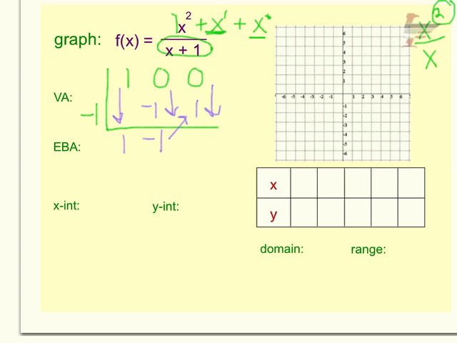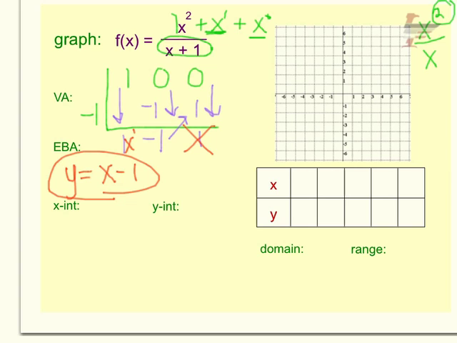And add down. 0 plus 1 is 1. So what we did last time, and we're going to do this every time, your final answer, cross off. And then because it was an x squared, this will become x to the first power, and that's going to be our EBA, y equals x minus 1. And we'll have a slanted EBA in this case.